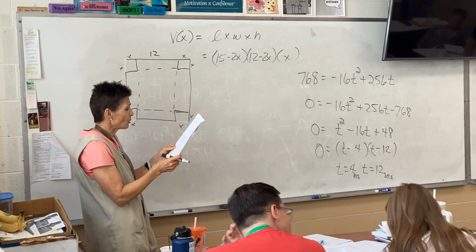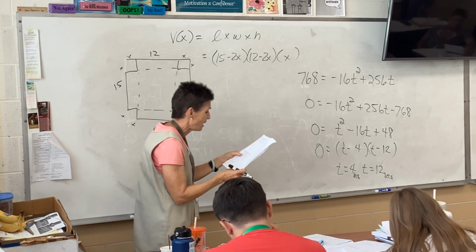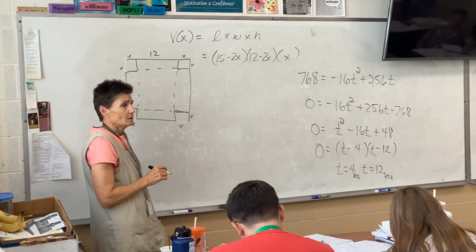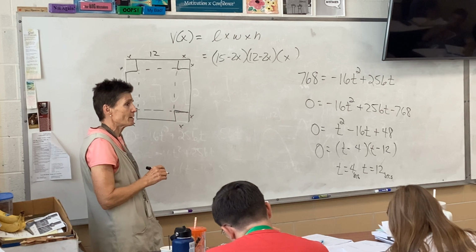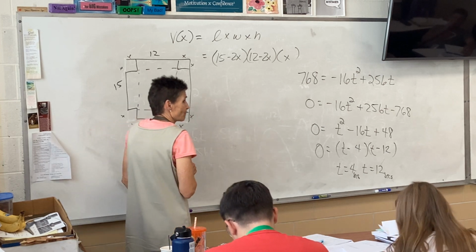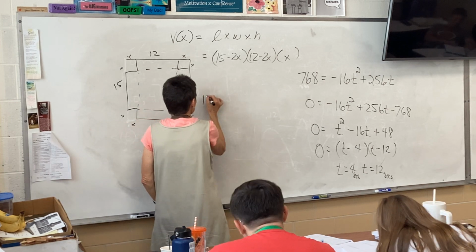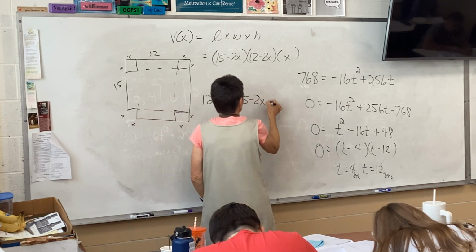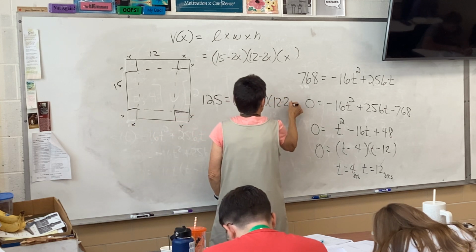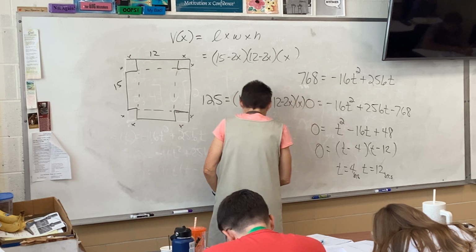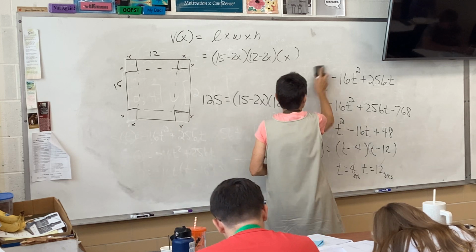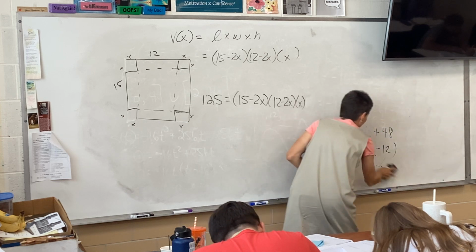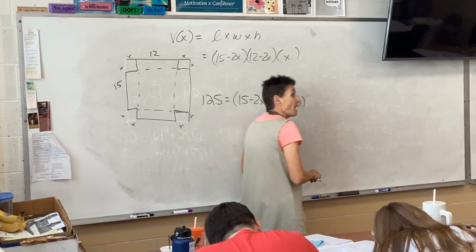What size corners will give me a box with a volume of 125? I'm going to put 125 in for the volume and solve this equation. It is not quadratic, everybody recognizes that. I would not FOIL it out.